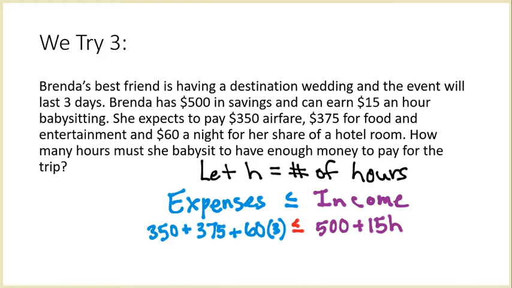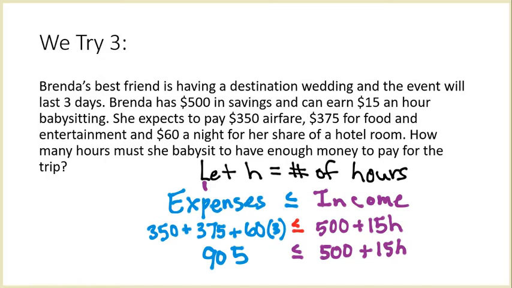So let's simplify both sides. If I do a little bit of magic on the left side, I'll get 905 on the left. And on the right then, I still have my 500 plus 15H. So what do I need to do? Well, first thing I need to do is make this a little smaller.